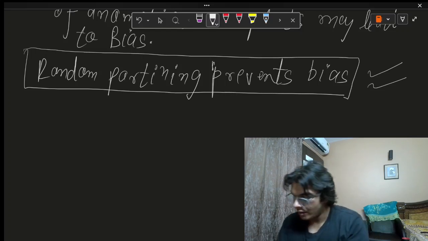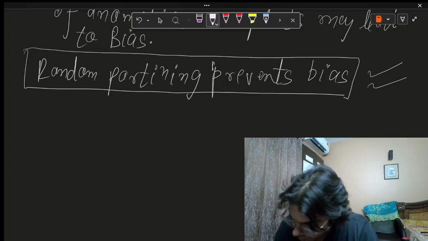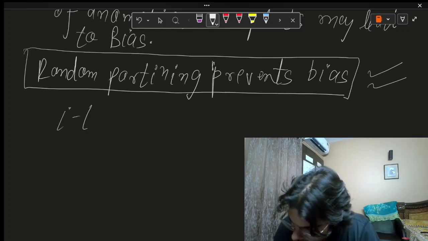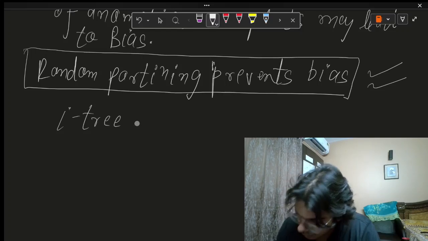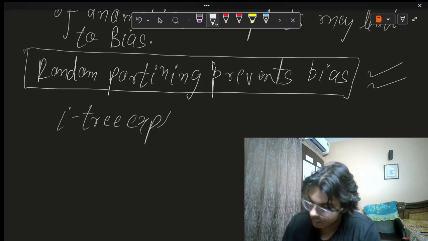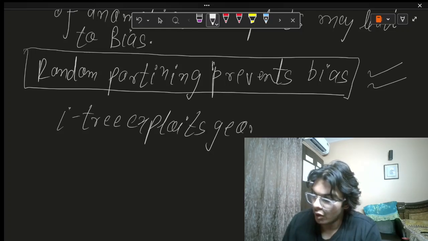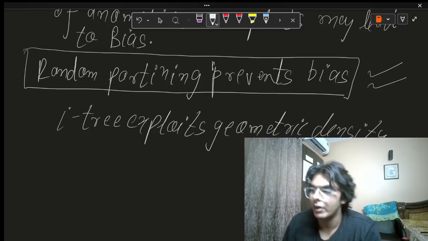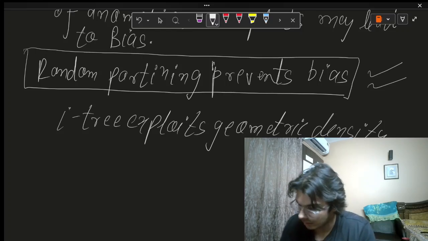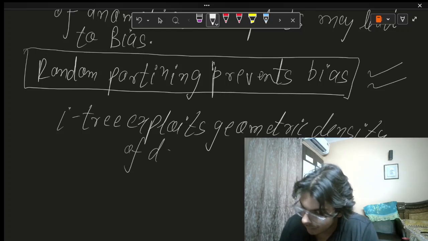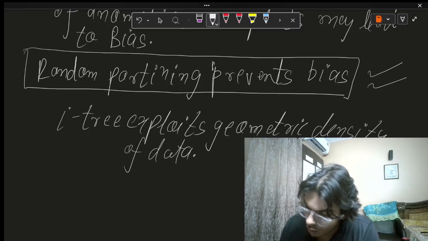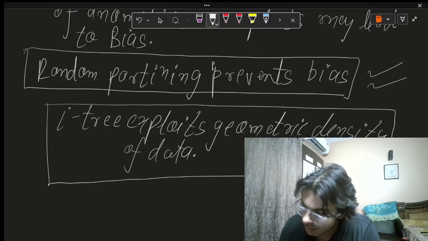Okay, now one very important thing that you should know. Isolation tree exploits the geometric density of data. Very important. This is a conclusion of what we have discussed till now, and you can verify it by looking at the example that we discussed, because what we have done till now is exactly this.